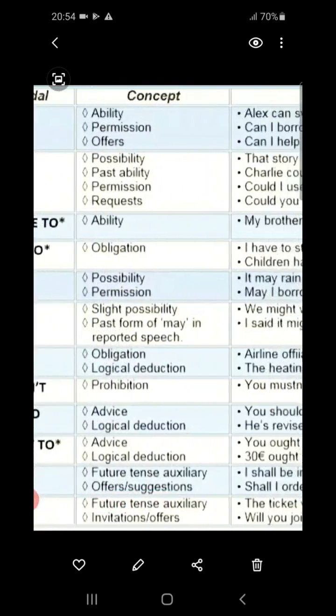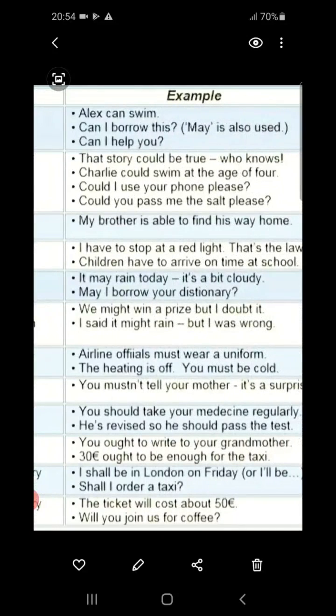Next, logical deduction. The heating is off. You must be very cold, or you must be cold. Here, must be cold.